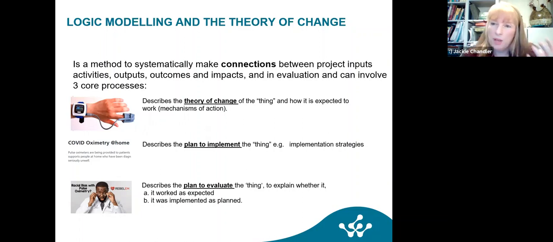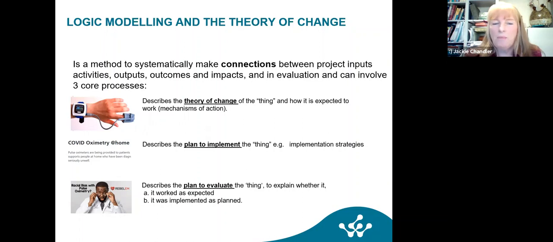Understanding how something works is one thing, but how you implement that into the setting is another. There's a whole field of implementation science, implementation tools and implementation strategies. And then we want to evaluate that: whether something worked as expected and whether it was implemented as planned. That's how we structure what we're doing.